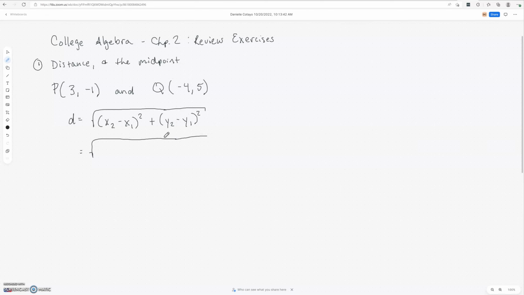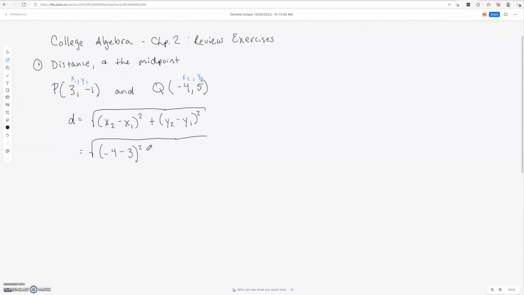Okay, so let's see, if we want to label our points, this is our x1, y1, and this is your x2, y2. So we're going to have x2 is -4. So -4 minus x1, which is 3, squared, plus your y2, which is 5, minus your y1, a -1, squared.